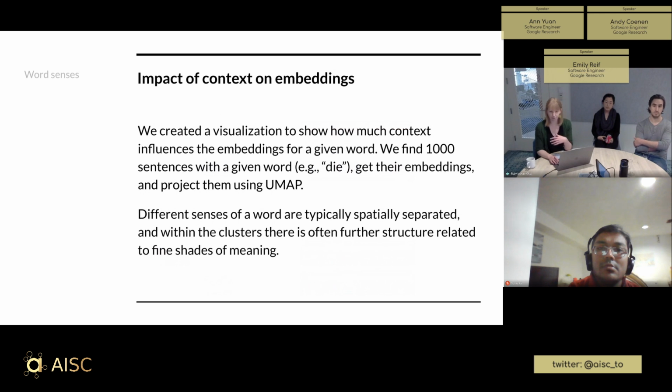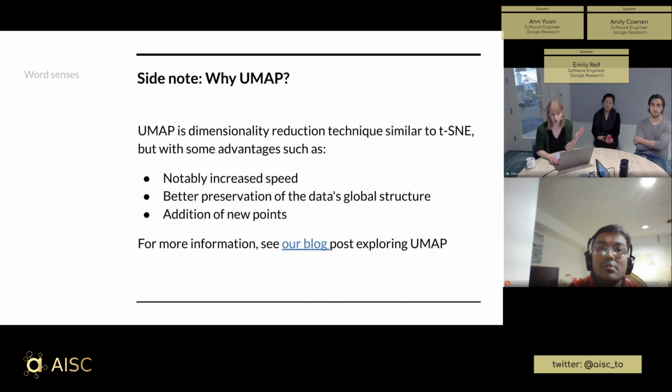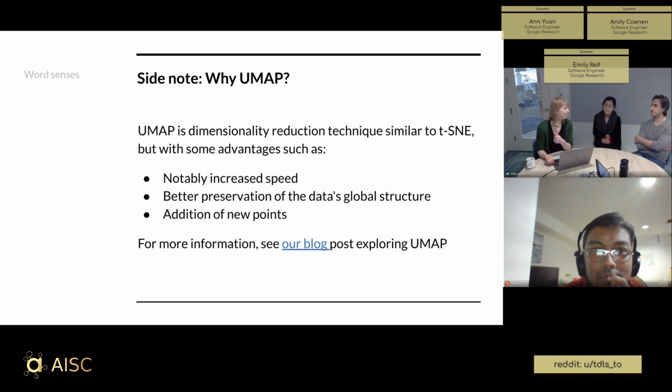Just as a quick aside, why did we use UMAP? Basically we have these 768 dimensional embeddings. We need to project them down into 2 dimensions. PCA is one clear option, but that tends to lose some of the subtleties. t-SNE is another good option. UMAP is similar to t-SNE in a lot of ways, but it was recently released by McInnes, is that how you pronounce his last name?